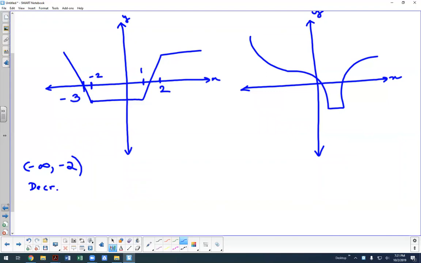As I go from -2 to +1, my function is staying constant, right? And then this is again in line with 1, so I would say from 1 to 2, my function is increasing. And then from 2 to infinity, what is it doing? It's staying constant.